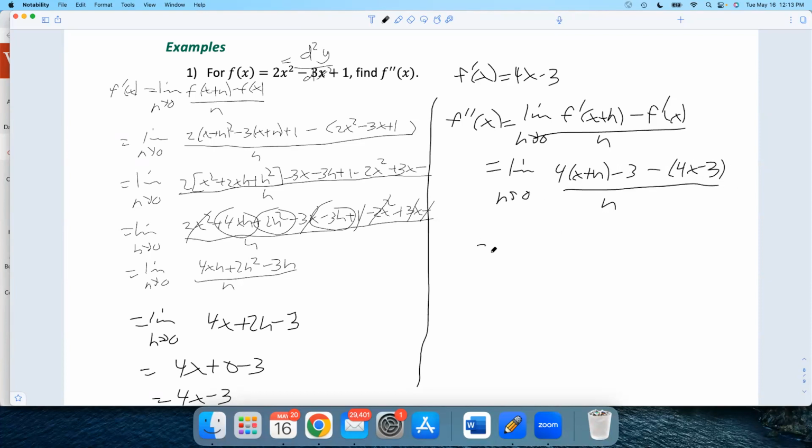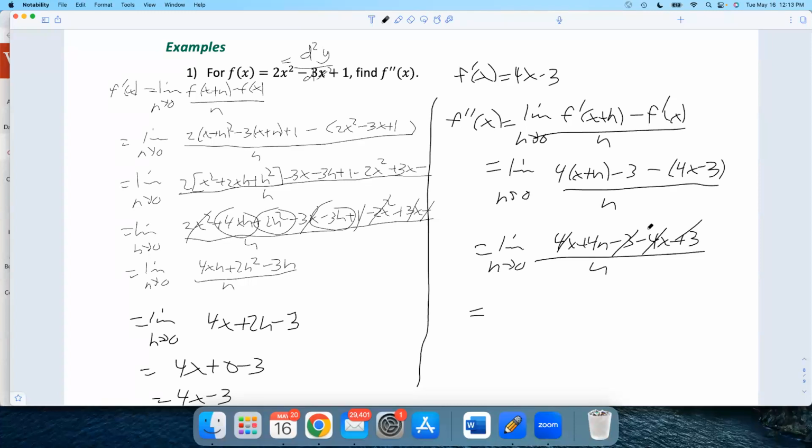And now we just distribute and clean up. Well, we got 4x plus 4h minus 3 minus 4x plus 3, all over h. Everything after that minus is going to cancel out. See, I almost wrote down that 3. I almost wrote here 4h minus 3, but everything that's left better have an h in it or you've goofed.